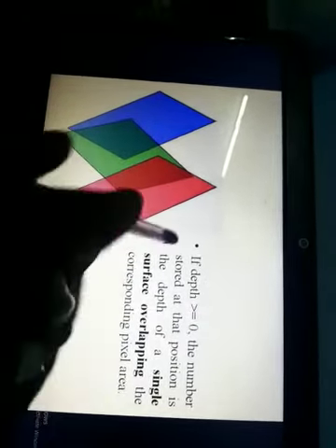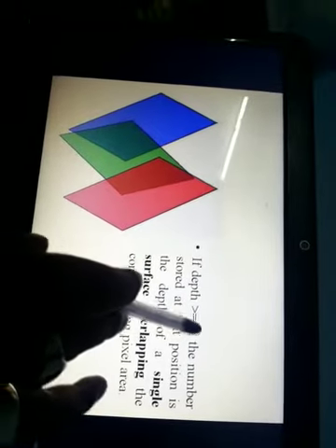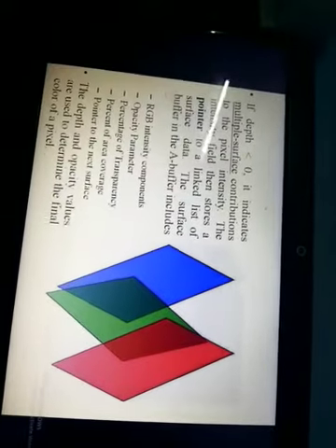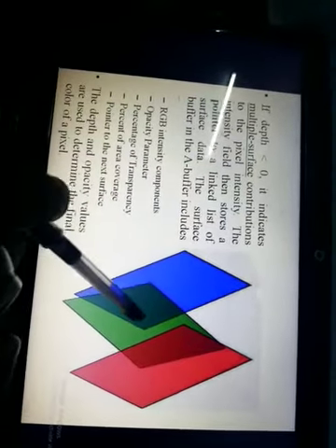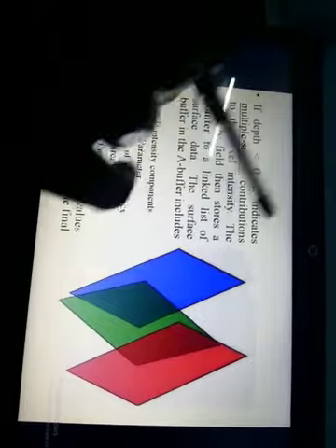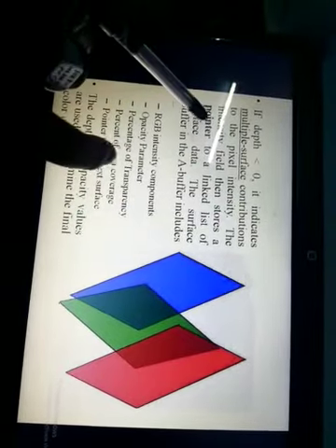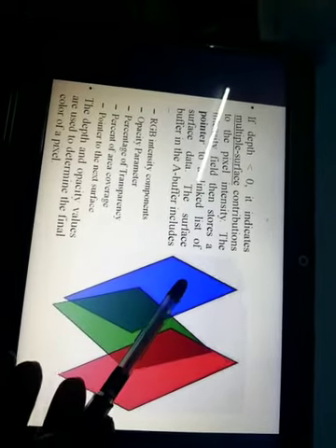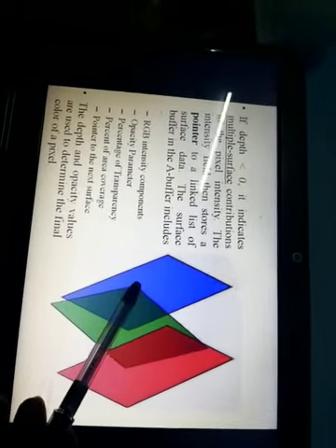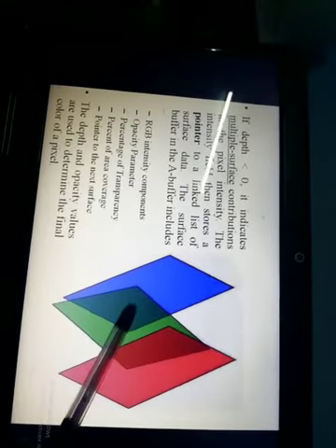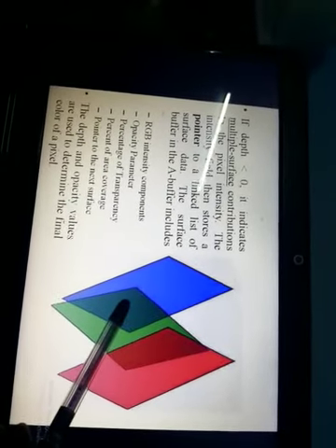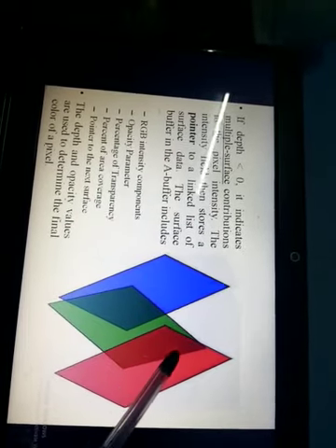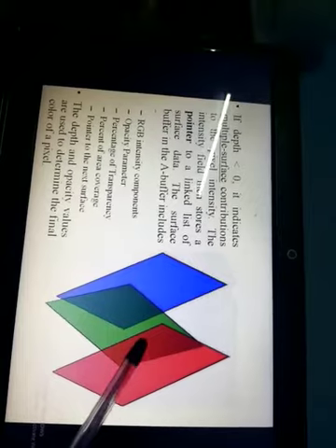Then one more condition: if it is less than 0, it will be the opposite of this. If it is less than 0, it means the transparency and the intensity. The intensity field stores pointers. In this polygon, less than 0 means this overlapping part. Again in this polygon and this polygon, this overlapping part is less than 0.